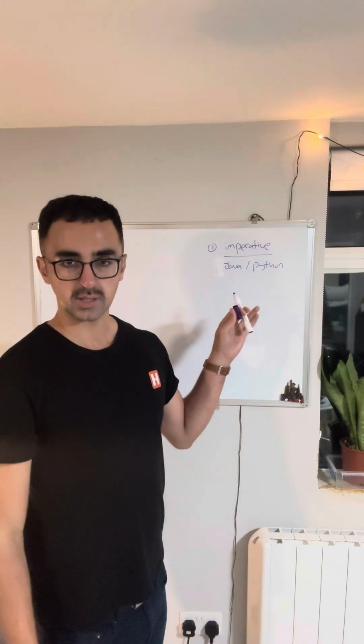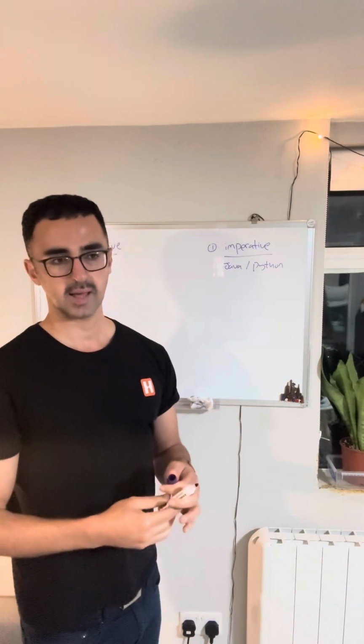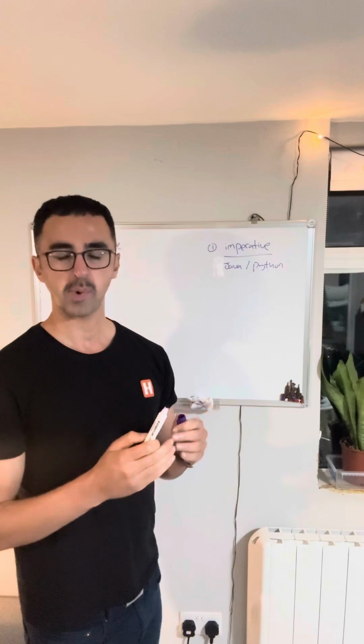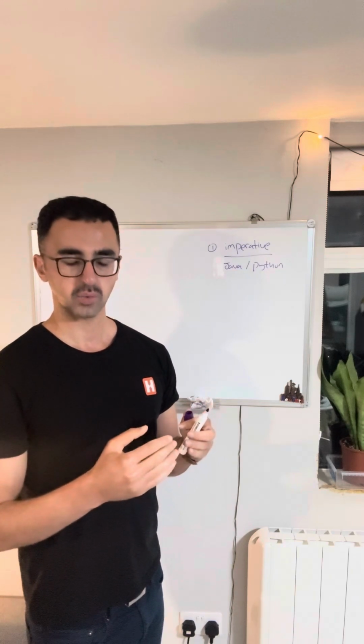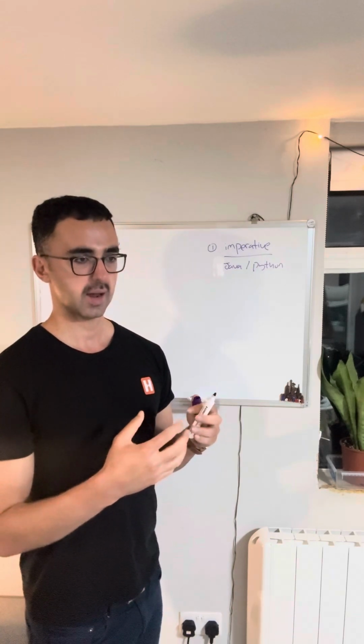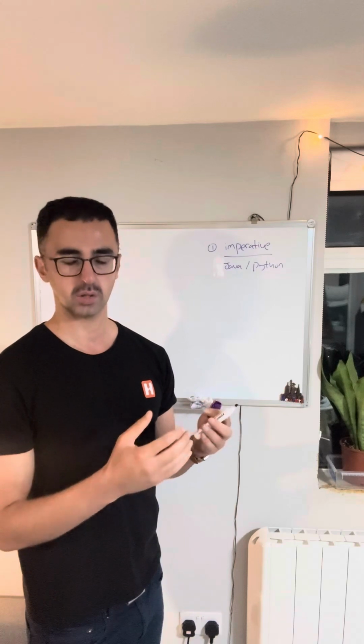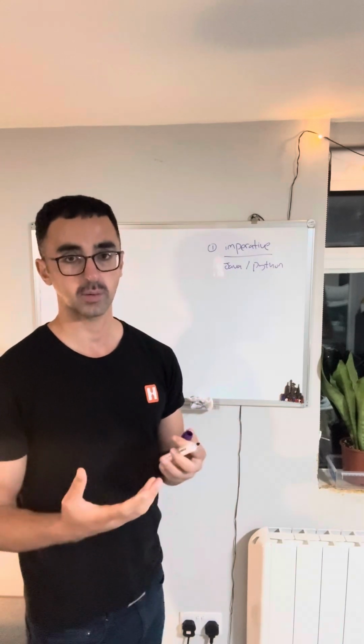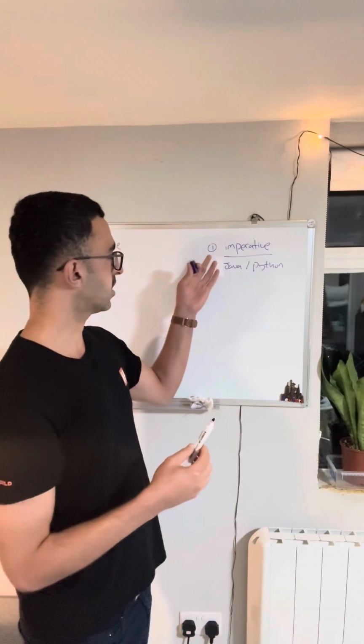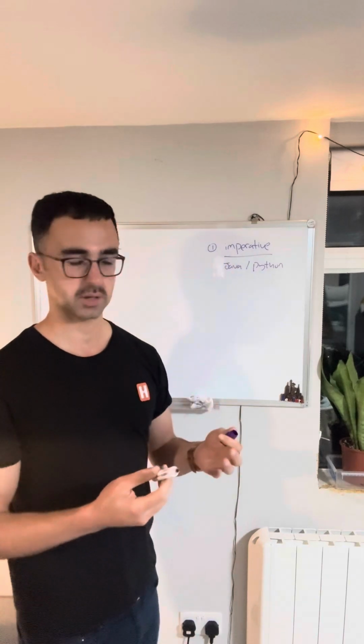What distinguishes imperative languages is that it runs line by line. The order of the line is important, and the successful execution of each line is also important. Hence the word imperative.